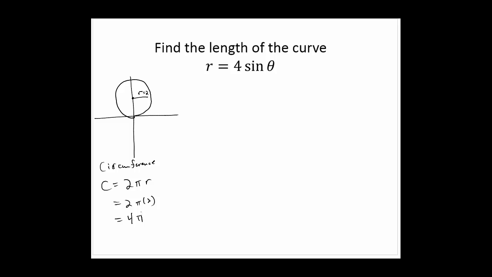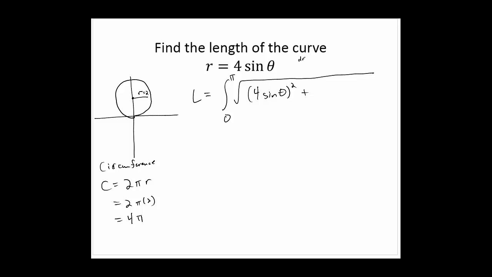Now, as we saw in the previous video, it completed the curve in an angle of pi. So the arc length would be defined as the integral from 0 to pi of the square root of r squared, so that would be (4 sine theta) squared, plus (dr/d theta) squared.